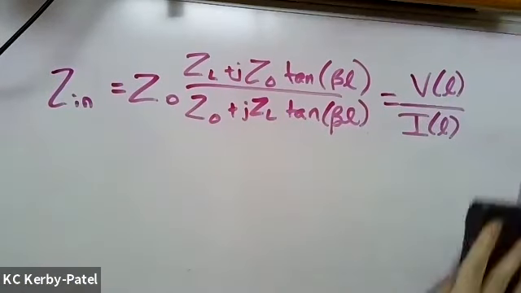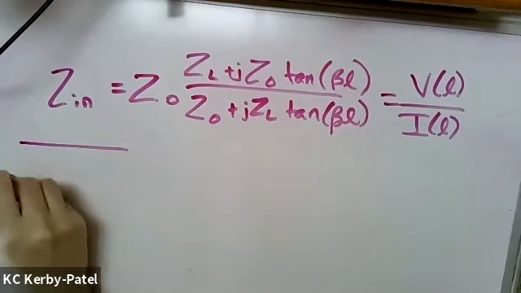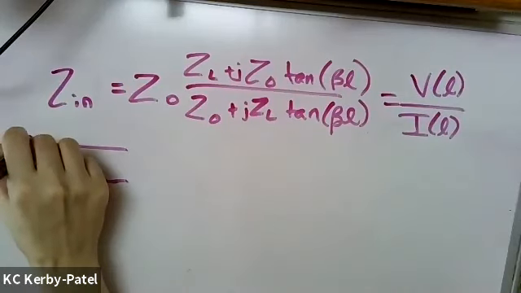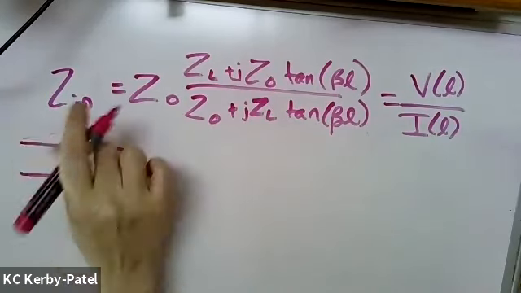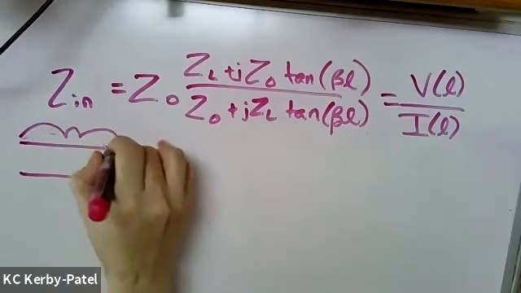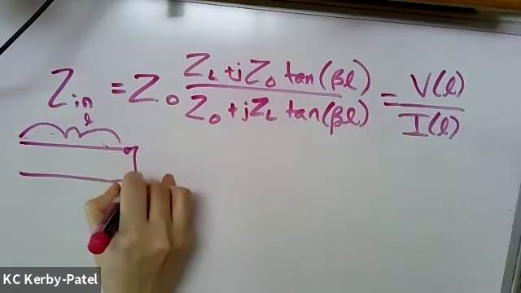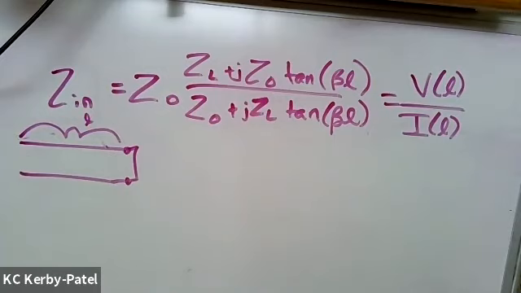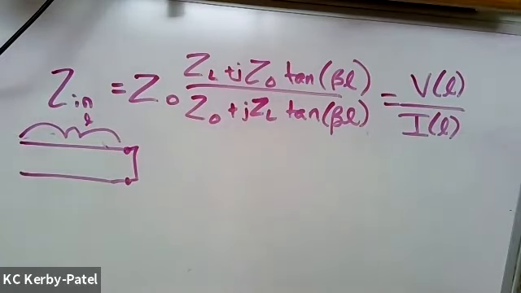So here's our transmission line of length L, and it is terminated by a short circuit. So this load impedance in this equation works out to be 0. What's our reflection coefficient here?